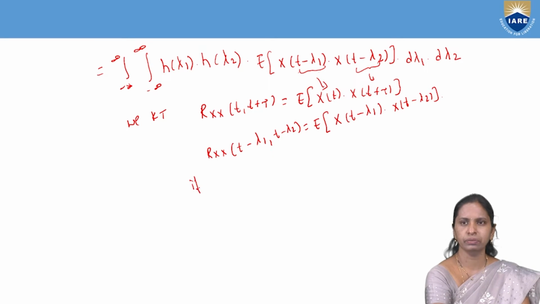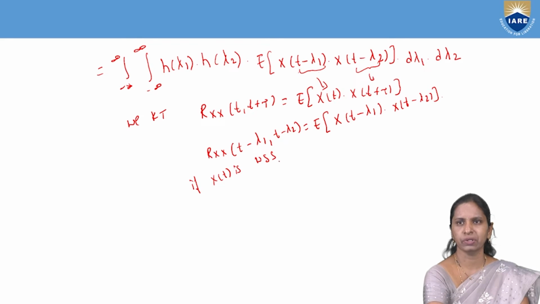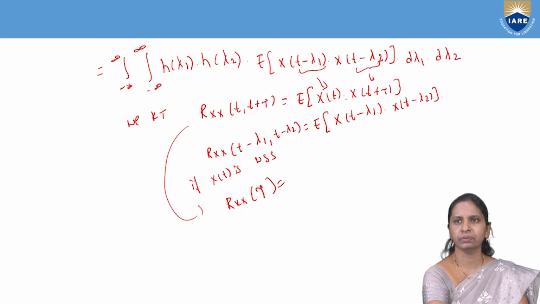Now, in case x of t is a wide sense stationary random process, what can I write as the condition? The autocorrelation function is a function of only tau. Then the expectation of x of t into x of t plus tau is nothing but Rx of tau only.